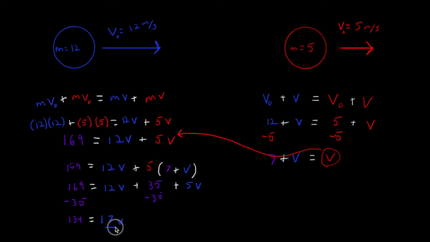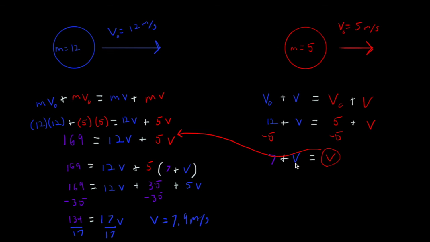Then the last thing to do is to divide by 17. And I end up with my solution for my blue velocity. I get a positive 7.9 meters per second.